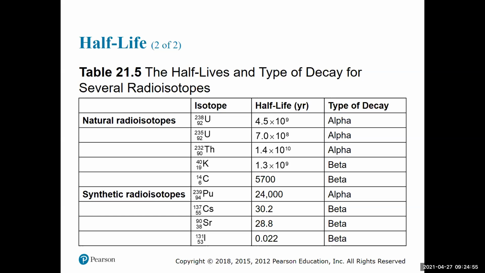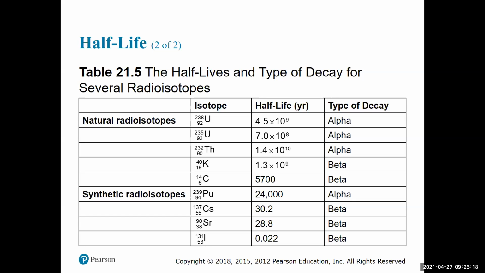That means if you have something and you let it sit on the table for 5,700 years, half of that carbon-14 will be gone in 5,700 years. And remember, when we talk about half-lives, it's half, half, half. So you technically never get to zero, because it's always half and half and half and on down the line.